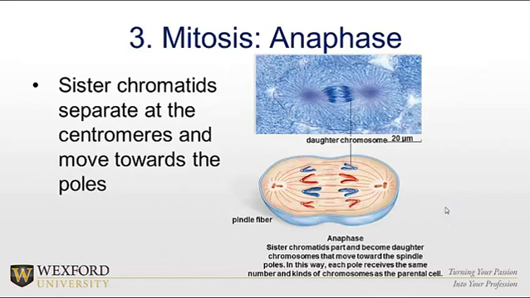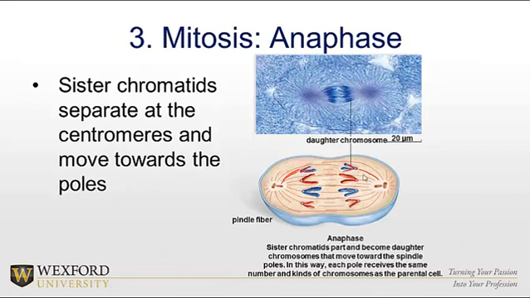Then we get to anaphase. Now, this is when we really start pulling apart. Now, remember that they're all lined up down the middle initially in metaphase, and those spindle fibers actually attach, here's the spindle fiber on each side from the centrosomes attaching here at those centromeres.